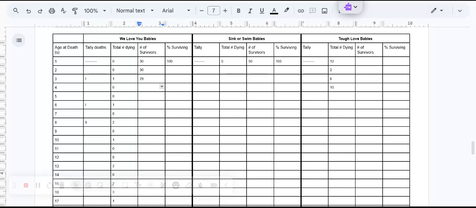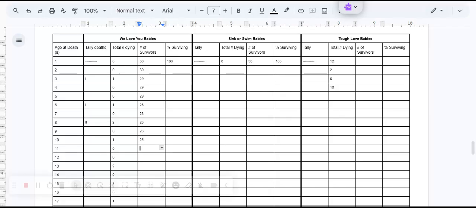Age 4, 0 deaths, 29 survivors. Age 5, 0 deaths, 29 survivors. Age 6, 1 death, so now I only have 28 survivors. 7, 0 deaths, so I still have 28. Age 8, I have 2 deaths, so now I'm down to 26, and so on and so forth.